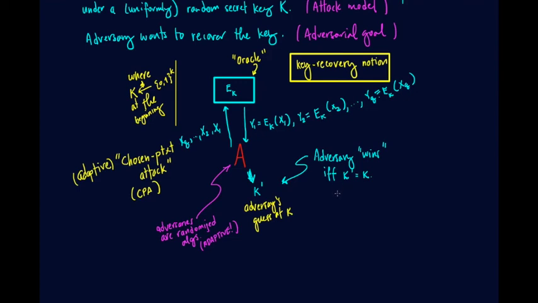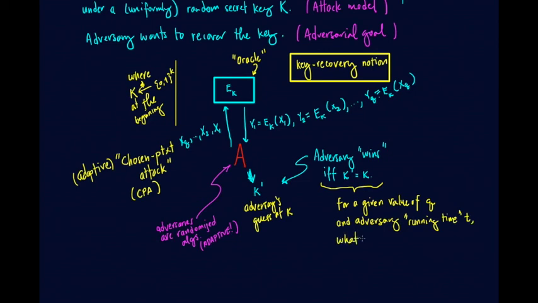The adversary wins if this is true, so guessing the key is some event. So we really would like to ask: for a given number of queries q and a given amount of computational time used by A, what is the probability that the adversary wins? This is the question that we ultimately want to be able to answer.